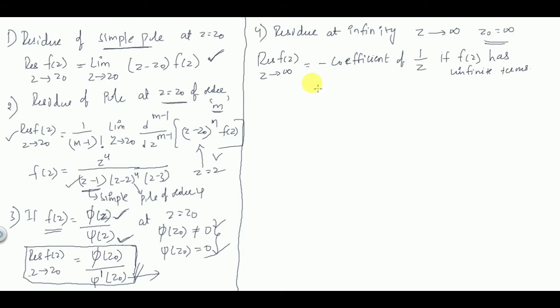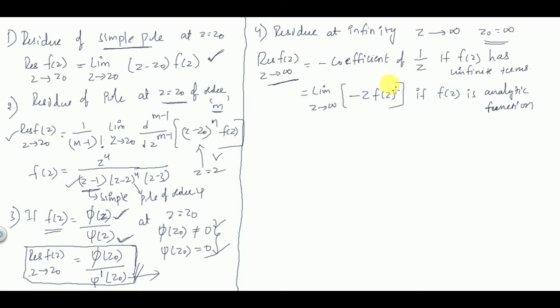Okay, let me write one more formula. This residue of f of z at z is equal to infinity is also equal to the limit as z tends to infinity of minus z into f of z, if f of z is an analytic function.